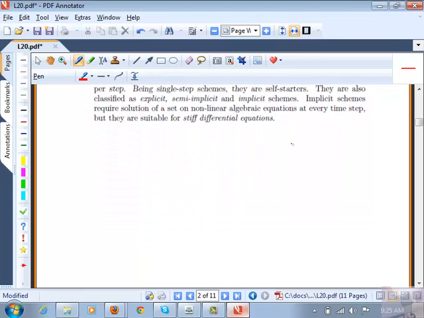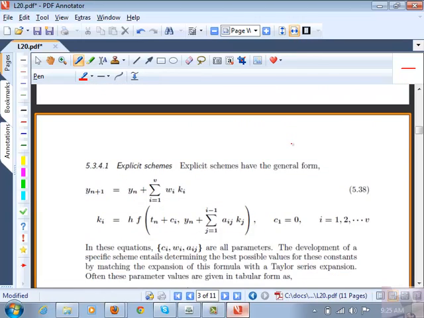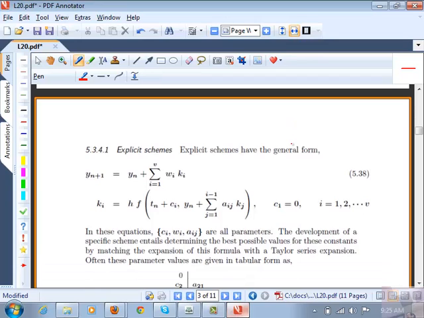And I'm going to achieve that by suitably weighting some functions called k. So w i is a weight factor here, and the k's are the functions. k is nothing but the step size multiplied by the function that appears in the differential equation. But the function is calculated at different locations between n and n plus 1.